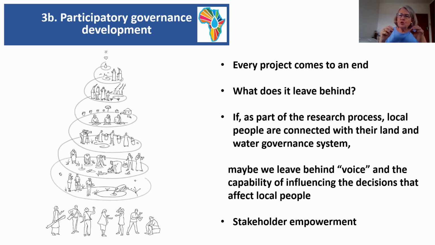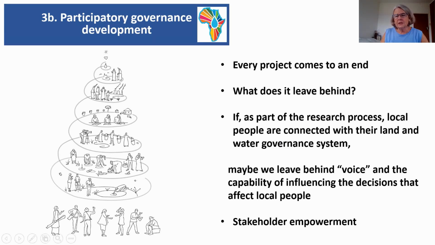If you have worked with your stakeholders and with the governance system that is responsible for the problem, and you have embedded your research findings with them as they're discovered, and you have developed the questions with them, and you leave behind relationships of respect and the co-development of a value system, you have a much better chance of leaving a voice, a local voice that can influence decisions that influence local people.